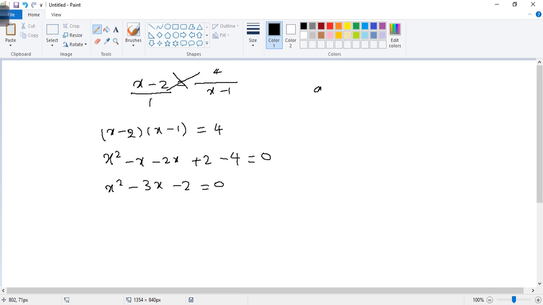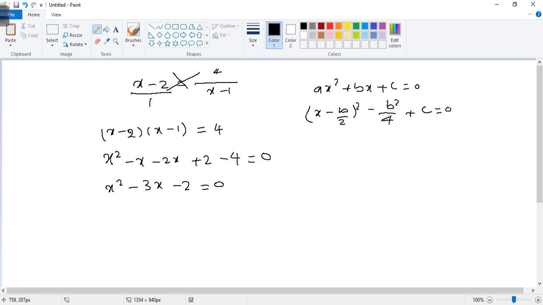It works like this: we have ax squared plus bx plus c equals 0. So we have x minus b over 2 squared minus b squared over 4 plus c equals 0. We apply this here. We have b equal to minus 3, a equal to 1 and c equal to minus 2.